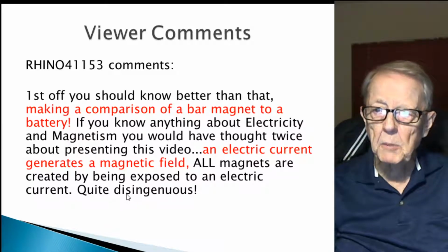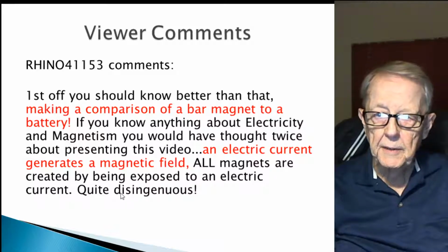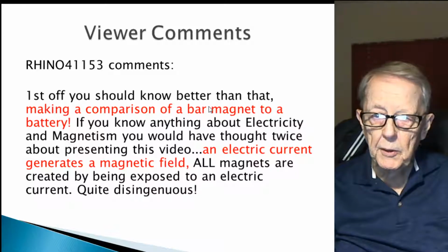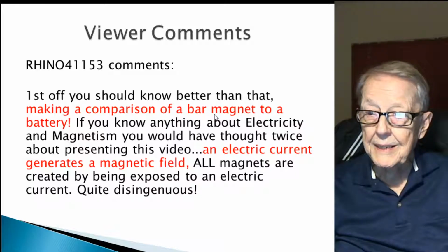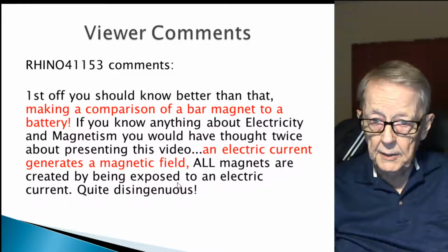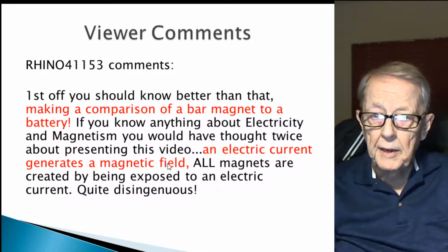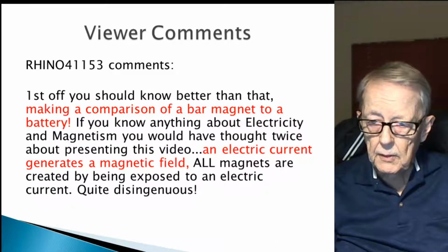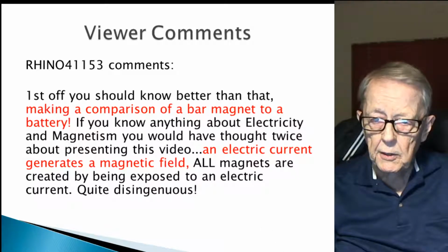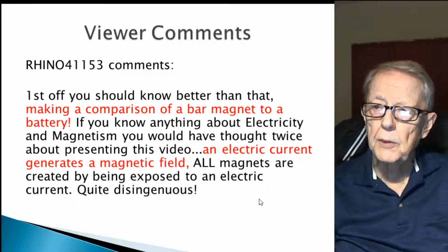Well, I take comments like this seriously, and although I disagree with being able to compare a bar magnet and a battery, he does have a point about how magnetic fields are generated. And that is particularly one way they are generated.